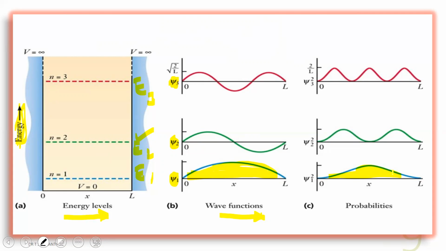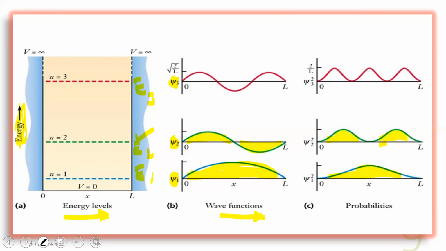Similarly, if we substitute n is equal to 2 for the wave function, then psi 2 is equal to under root 2 by L sin of n pi x by L. These curves will represent where the probability of finding a particle is maximum and where it is minimum.